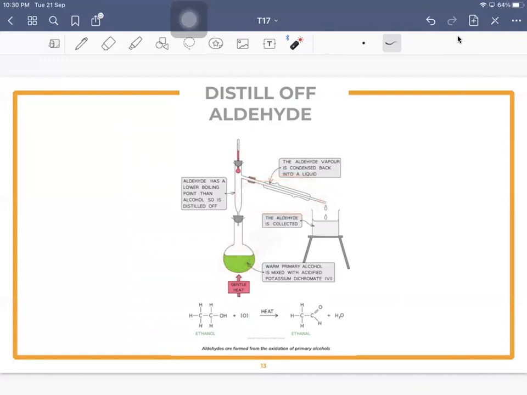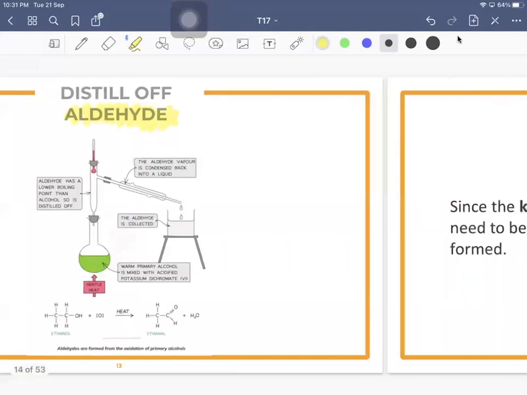You will get the other product, which is the carboxylic acid. So it's important: if the question asks for the conditions to collect aldehyde, it has to be distilled off. That means you use this distillation setup.